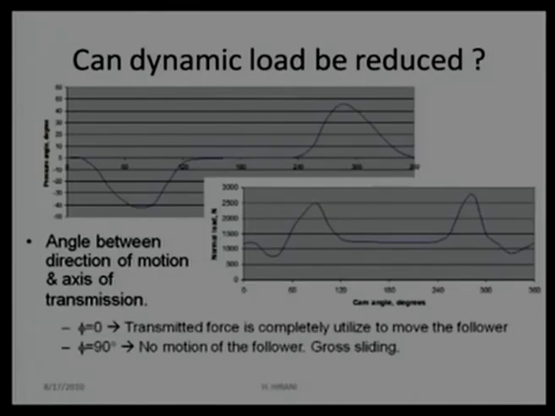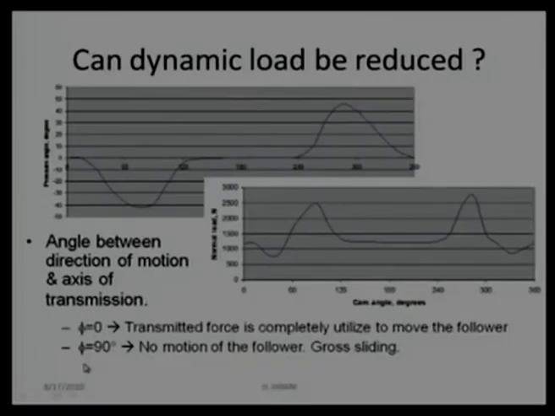First thing is that if the pressure angle is 0, what we can say is that the transmitted force is completely utilized to move the follower. So, it is fulfilling the complete intended purpose. We are applying force to move the follower, and it is moving in the same direction. It is not changing its direction and 100% force is getting transmitted. It is fulfilling its intended function.